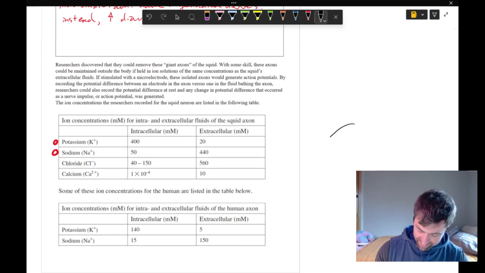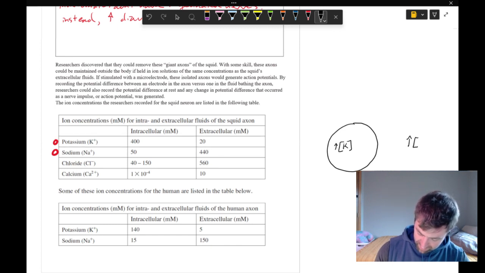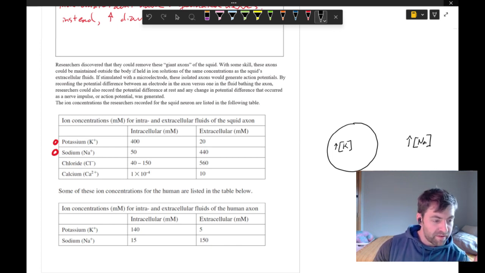So I'm going to draw a cell here. So we have high potassium on the inside and high sodium on the outside.